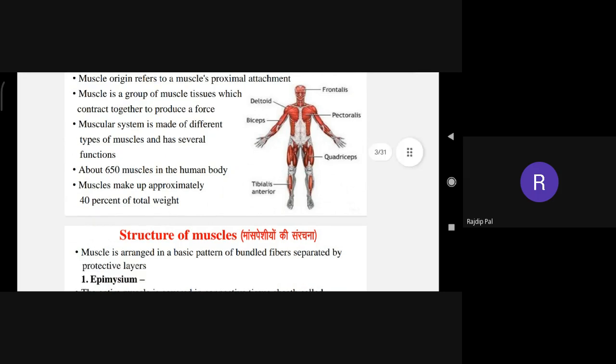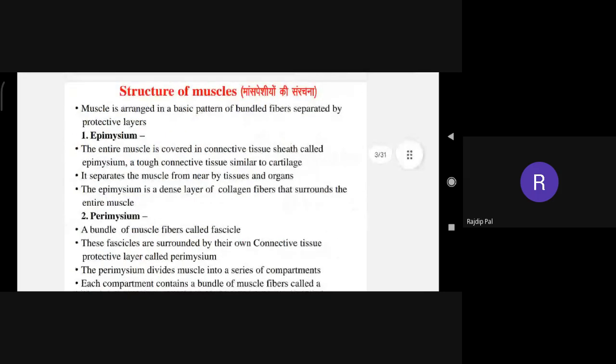Now, structure of muscle. Muscle is arranged in basic pattern to bundle fibers separated by protective layers. So, what are these? First, epimysium. The entire muscle is covered in connective tissue sheath called epimysium, a tough connective tissue similar to cartilage.